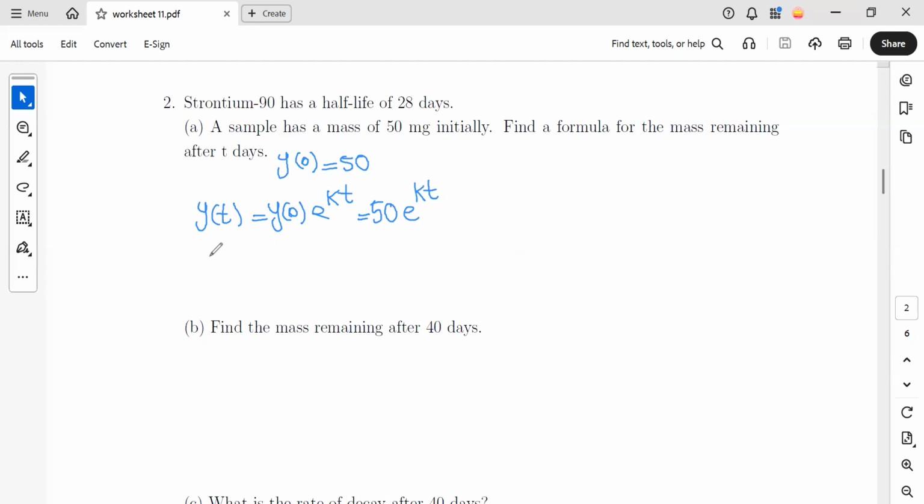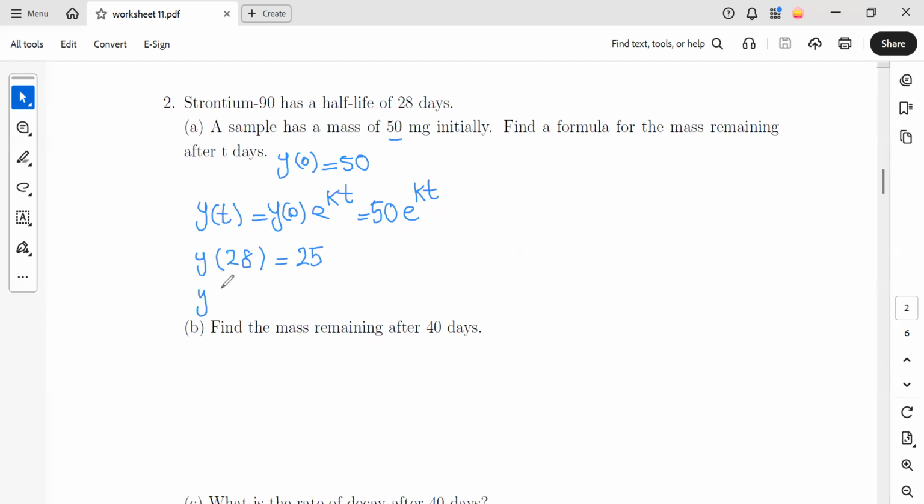Based on the question, half-life is 28 days. It means that y of 28 is equal to 25 because half of 50 is 25.